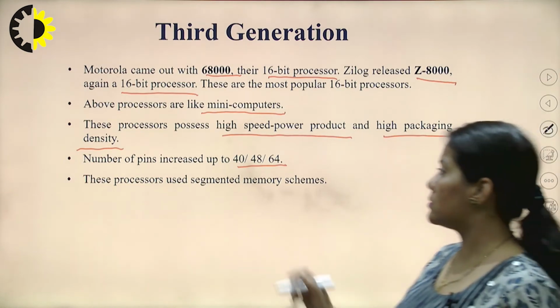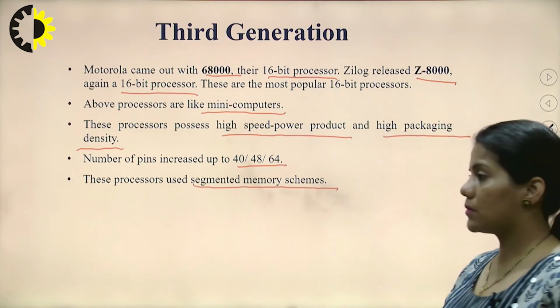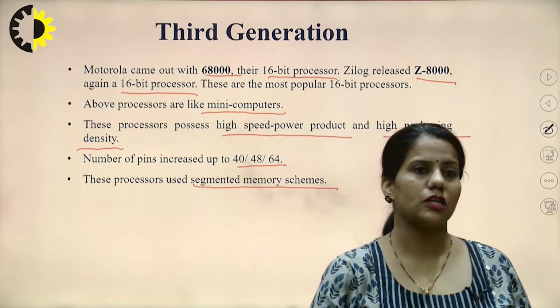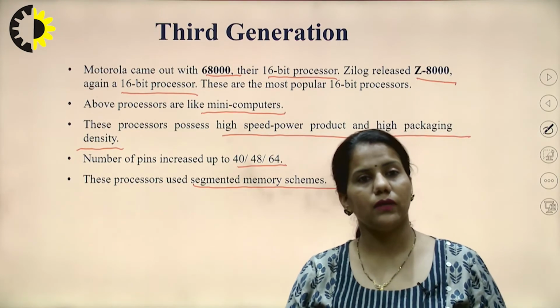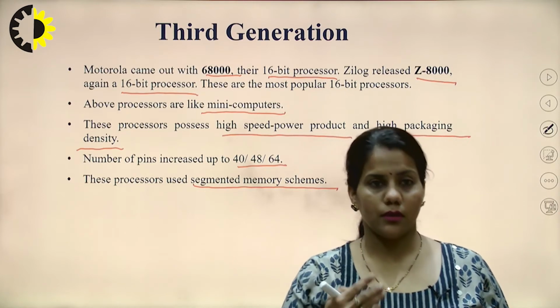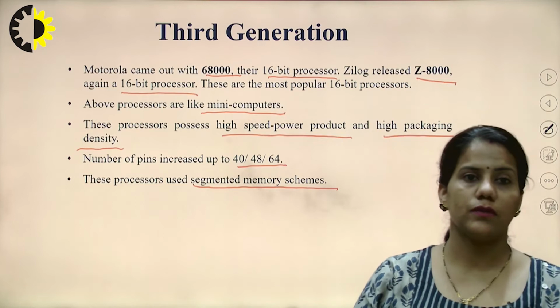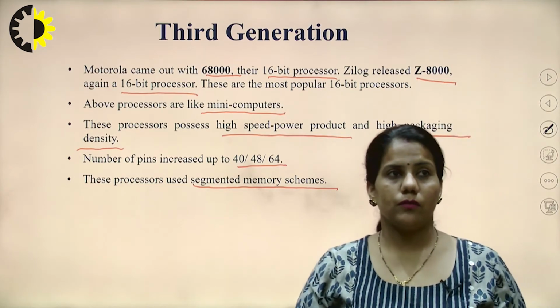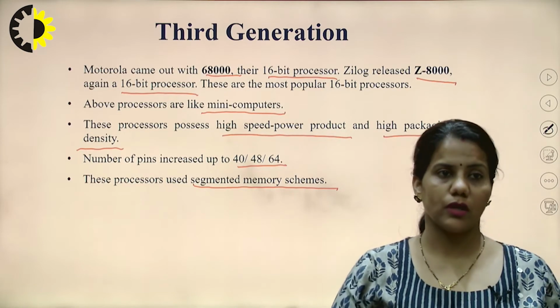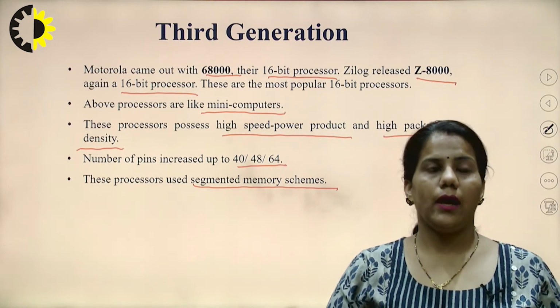These processors used segmented memory schemes. So, this is another important feature, memory segmentation. What we do is divide the logical memory space into various segments, and those segments are used to store different kinds of data and code.